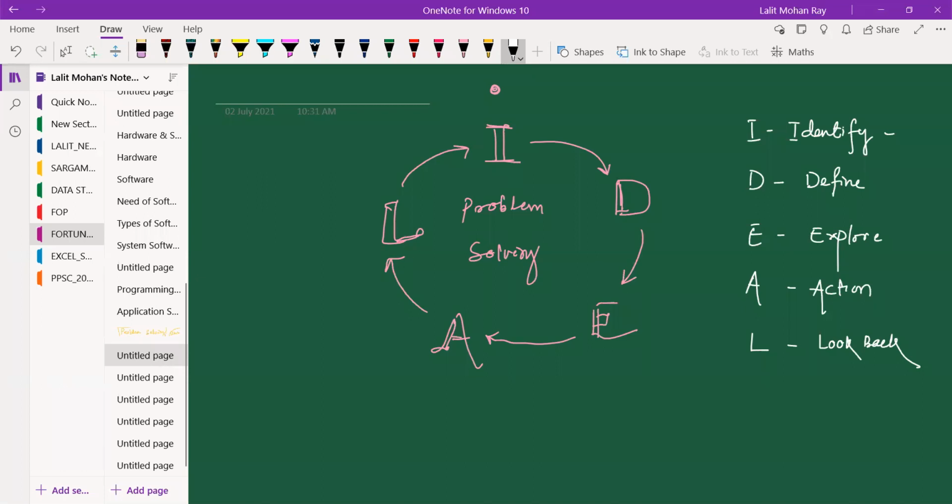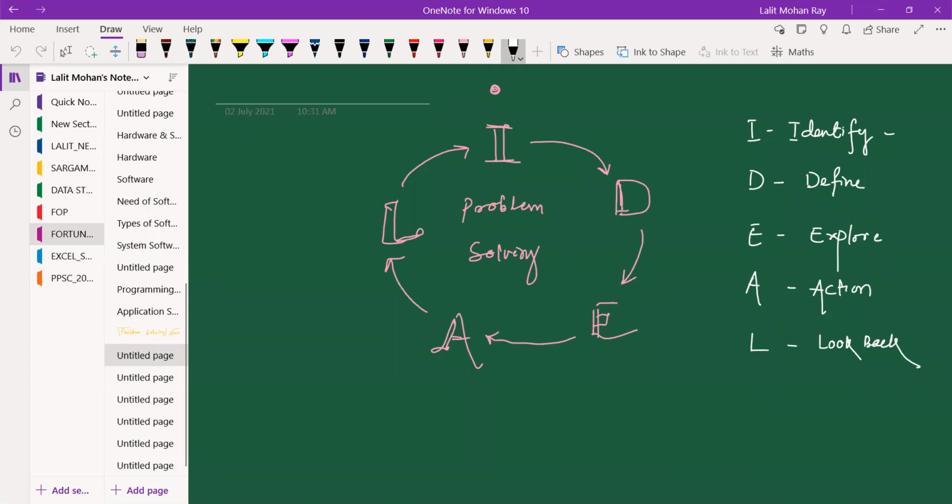Then the last one is look back. After getting the solution, you have to look back. Why are we looking back? For checking whether our result, our solution, is correct or not.